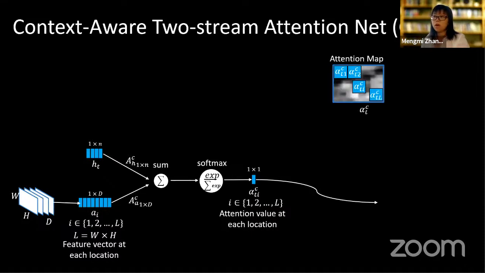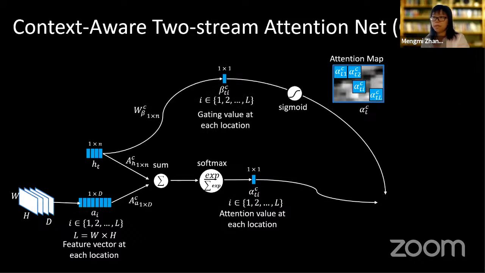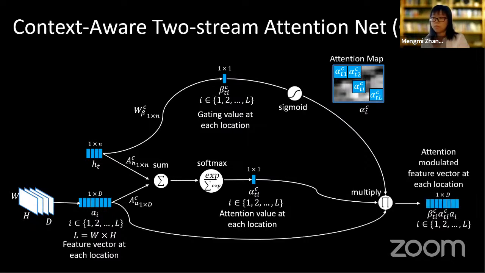Because not all attended regions might be useful for contextual reasoning, the soft attention module also predicts a gating vector beta from the previous hidden state, such that beta determines how much the current observation contributes to the contextual vector at each location. Once the attention module and the gating vector are computed, the model then applies the soft attention mechanism to modulate the feature map at each location.